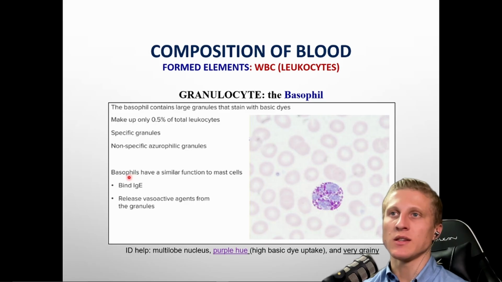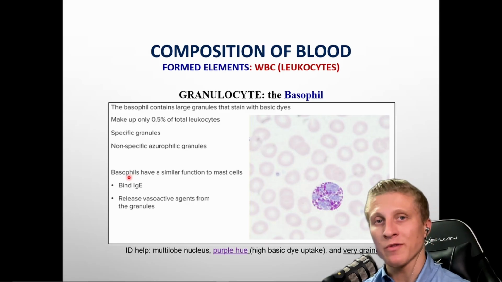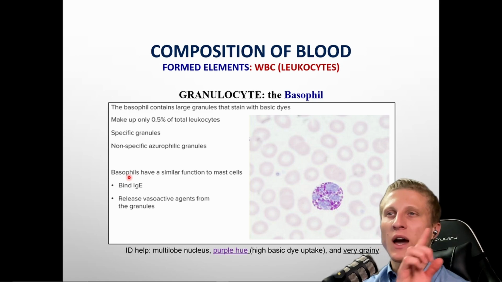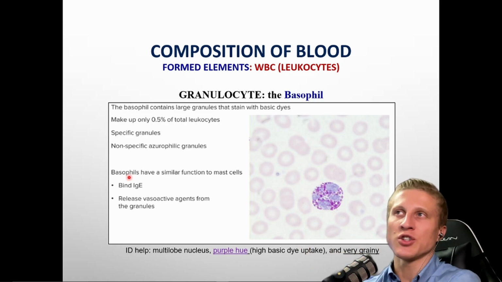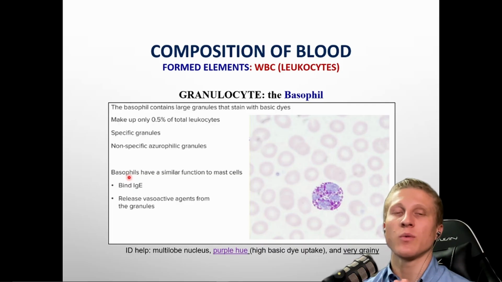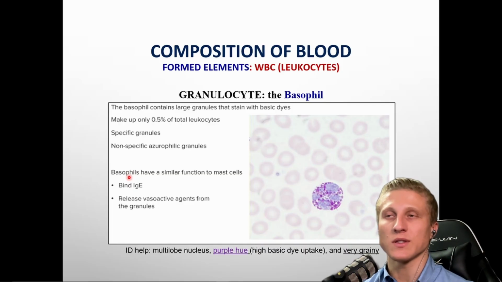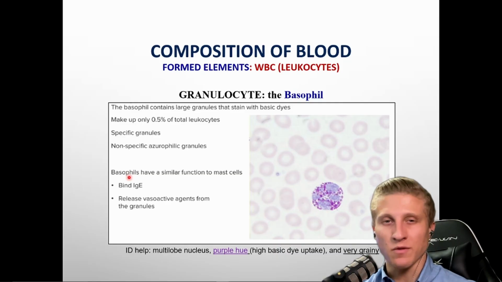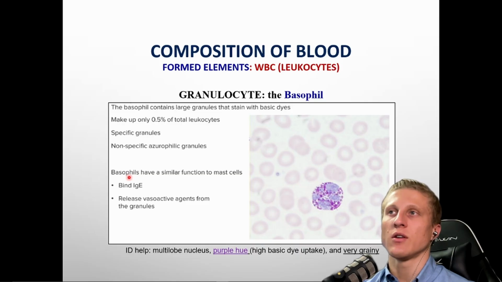IgE is a type of antibody produced by your adaptive immune system, kind of in response to infections that you've seen before. So they're going to help kind of transition if we have an initial infection. They're going to help activate our adaptive immune system. So right now with our white blood cells, we're talking about our innate immune system. These are the guys that are always there. They're always on standby, and they're fairly effective at identifying a wide variety of potential pathogens in our body.